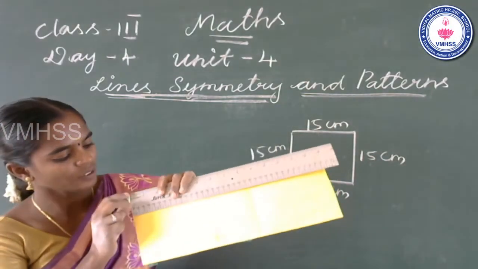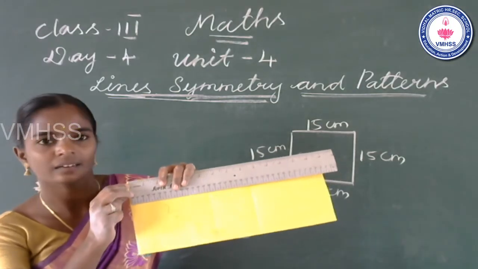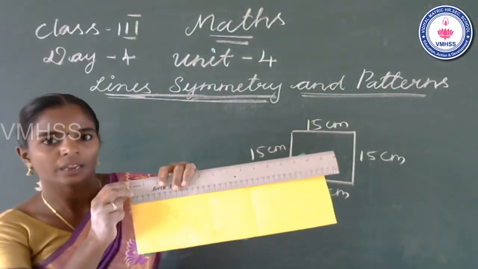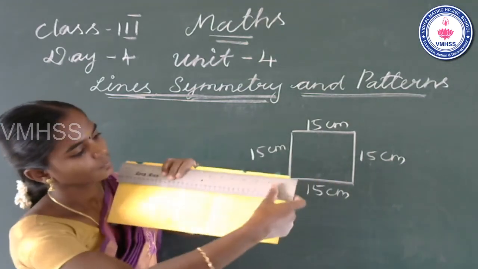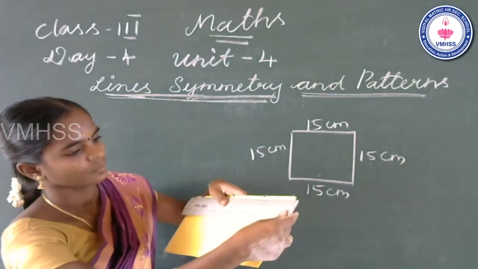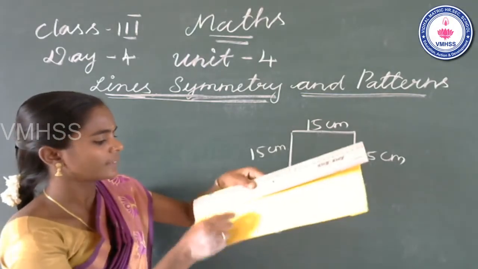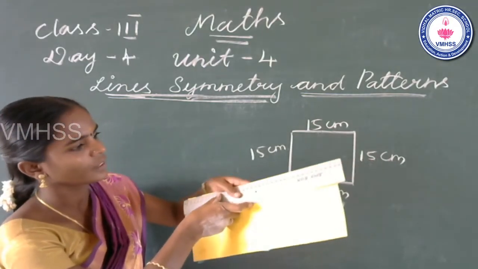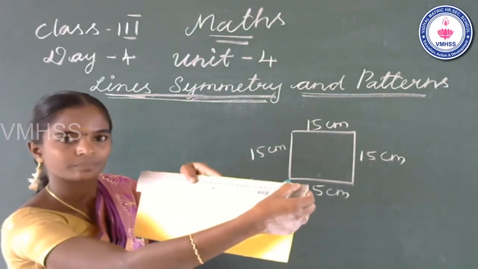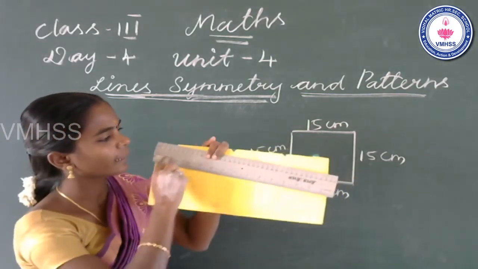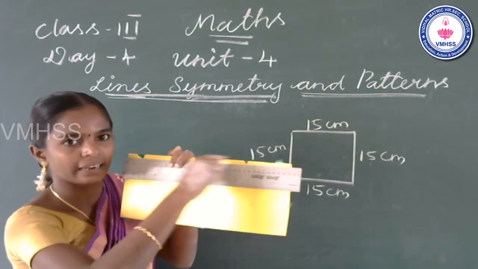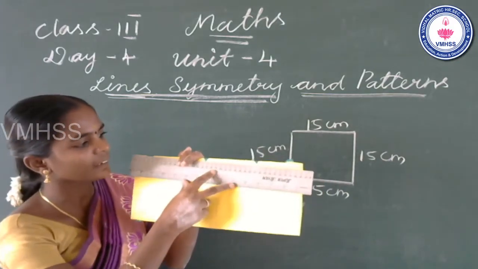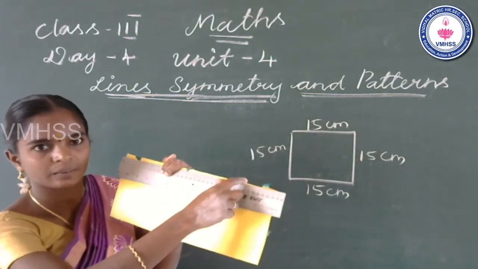Keep the 0 centimeter end of the ruler at the start. So 0 to 35. The total length is 0 to 35, so the horizontal side is 35 centimeter.